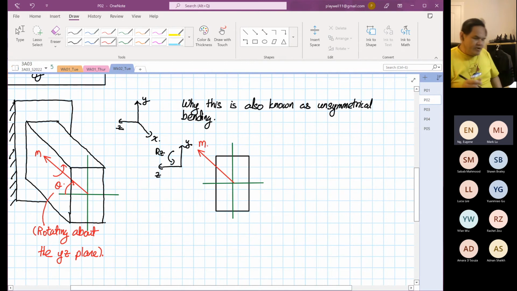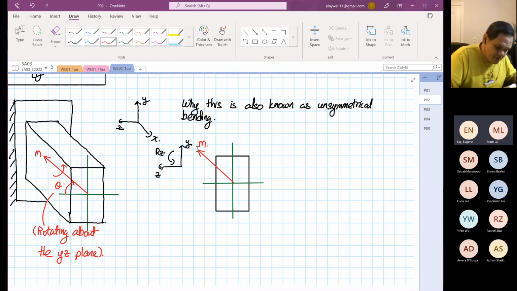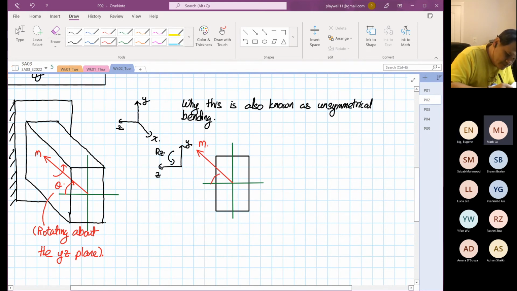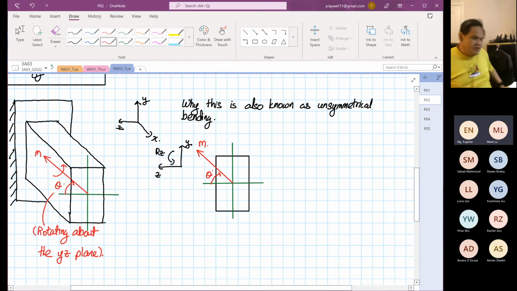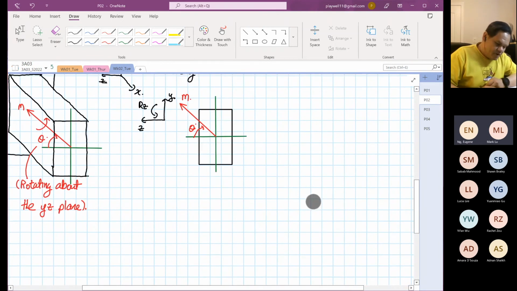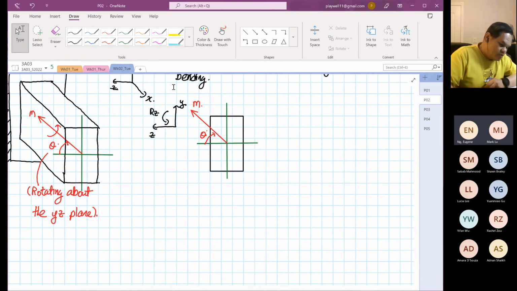Now the moment over there can be broken down into its component. Okay, M can be broken down into its component. And we know this angle over here is our theta angle. Okay, and this moment can be broken down into two components. Okay, so what do I mean broken down into two components?